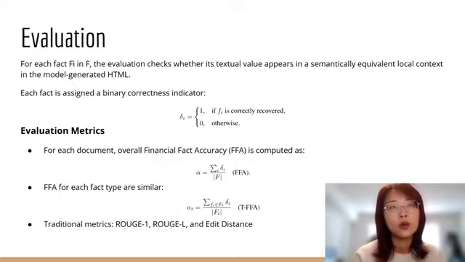We also create our own financial fact accuracy metric, which is used only for those financially critical errors in our framework. It is calculated as the number of correctly OCR'd facts divided by the total facts in that one image. And for each financial error type, we also have a type-specific FFA.